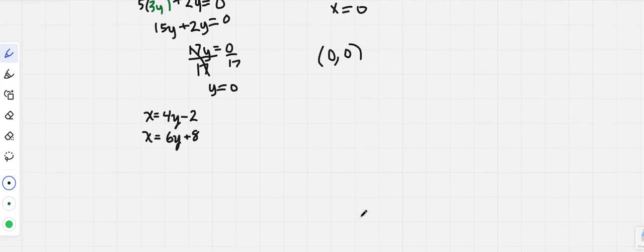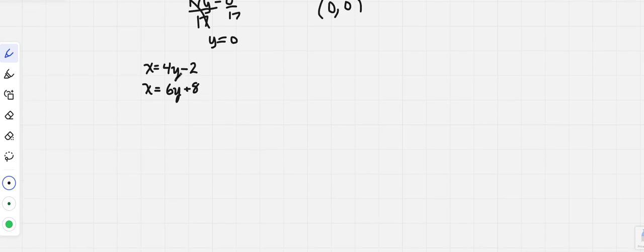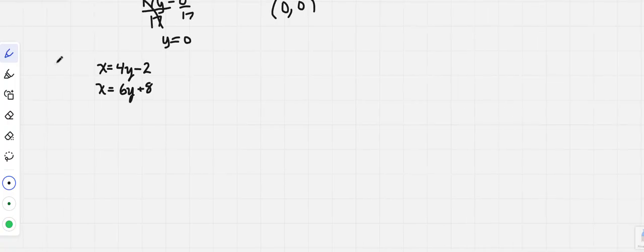Let's do the next one. x equals 4y minus 2. x equals 6y plus 8. Let's see what happens here. Organize our note taking. First equation, second equation. This is x equals 6y plus 8.